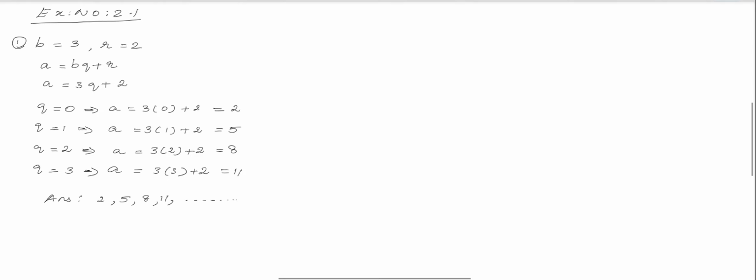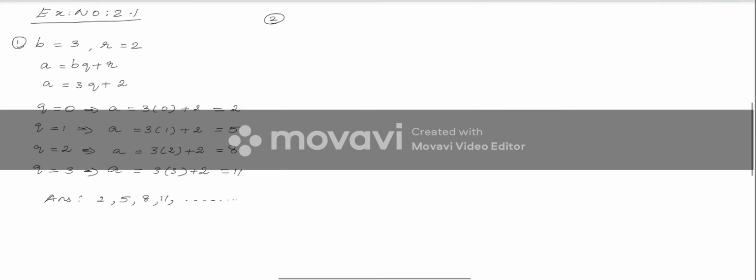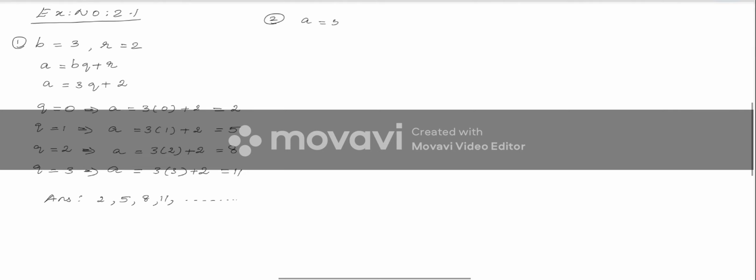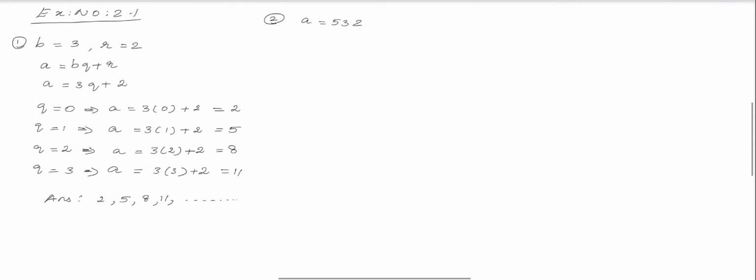And now you see the second sum. What it is said, a man has 532 flower pots. He wants to arrange them in rows such that each row contains 21 flower pots. Find the number of completed rows and how many flower pots are left over. So what is your A? A is 532. Okay, this is the dividend. A is 532 and it is said in one row 21 flower pots are arranged.